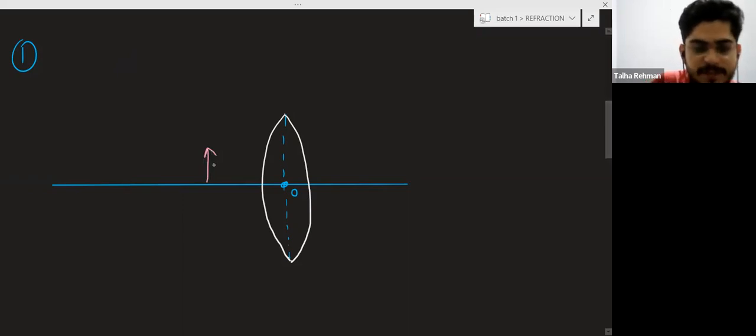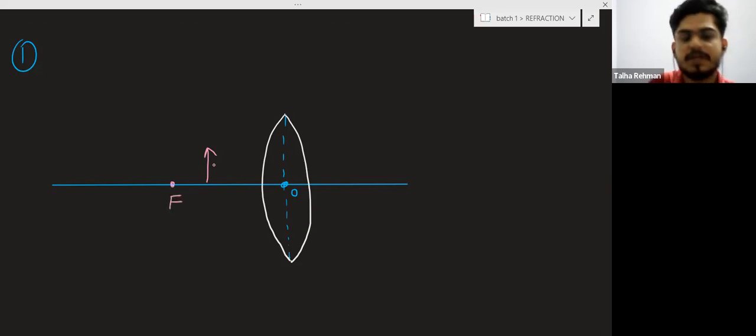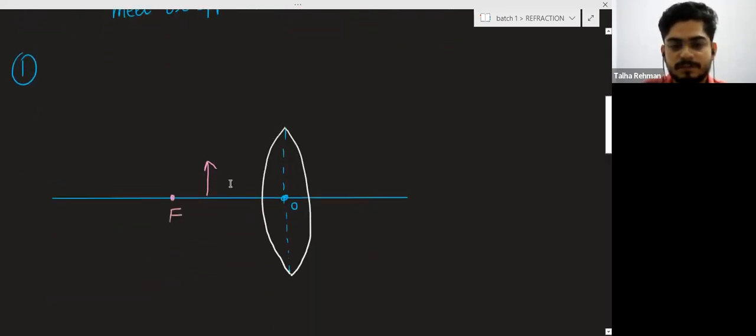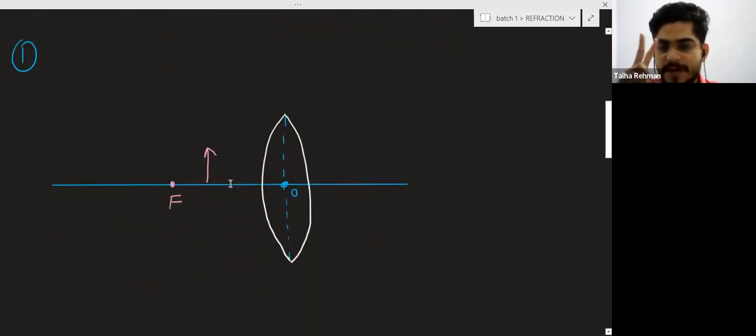Okay, object is here. This is the optical center, and suppose this is focus. And there are two focus, I have told you. One focus here and one focus here. So this object is placed in between optical center and focus. So if we want to draw the ray diagram, what we will do?